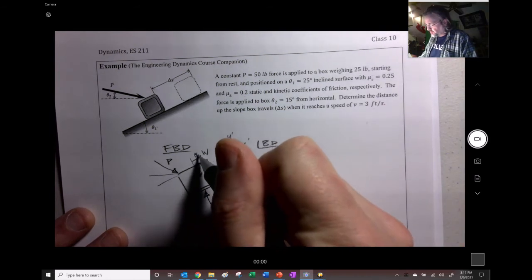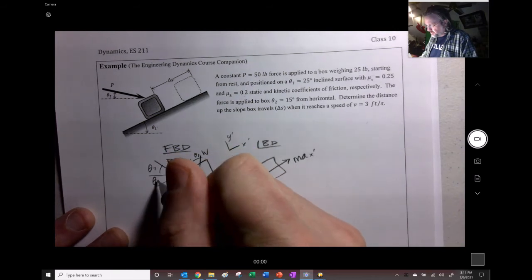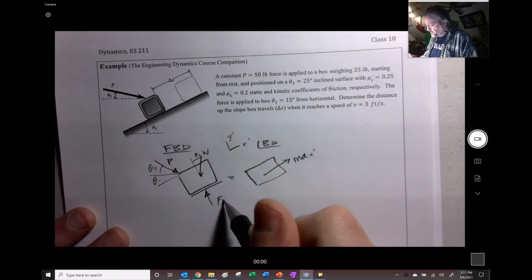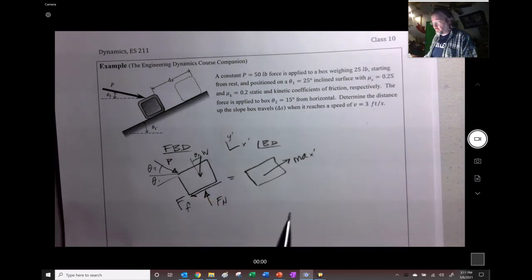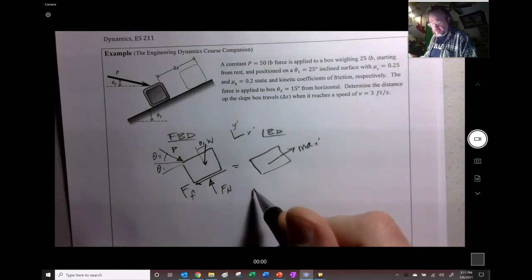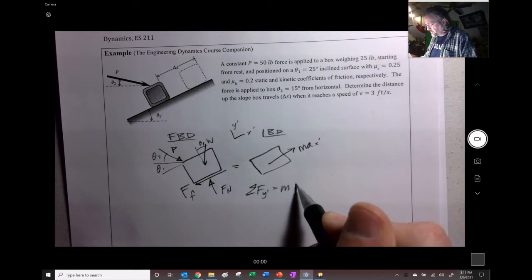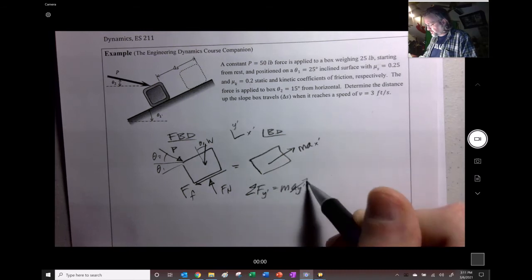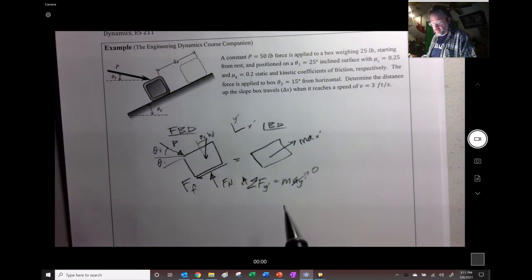So here's our theta 1, and here's our theta 2, and here's our theta 1. Here's the normal force, and we decide the friction has to be going down because the block is moving up. And so we do the sum of the forces in the y prime direction, mass times acceleration in the y prime direction. We happen to know that's 0. There's positive right there.